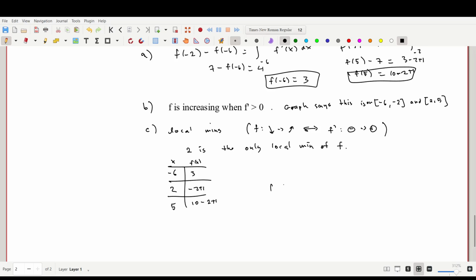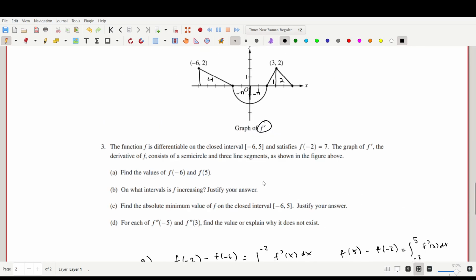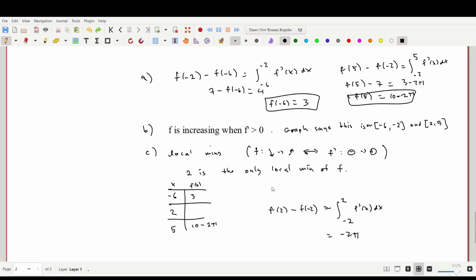How do I know that? F of 2 minus f of -2, oh, sorry, it's not -2 pi, I lied, is the integral from -2 to 2 of f prime of x dx. This area is -2 pi. If you look up here, that's -2 to 2, -2 pi. And then f of -2 is 7, so we get 7 minus 2 pi.